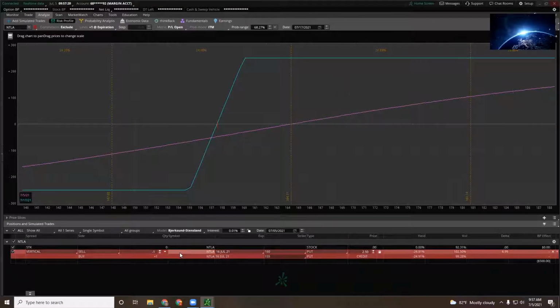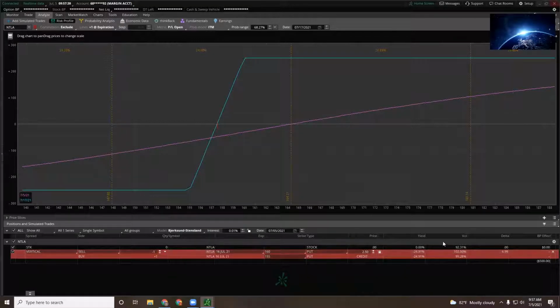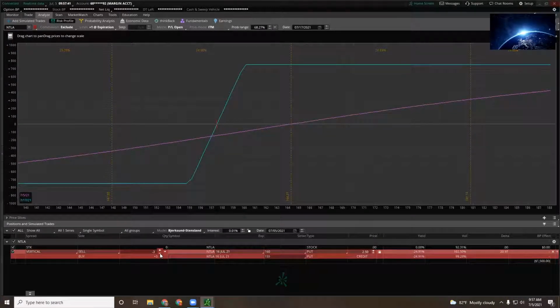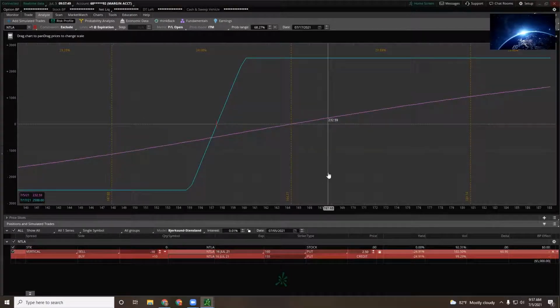So in essence, you confirm and send the trade, and you are in the trade. You place the trade as it is right now, or you decide to increase the quantity. It doesn't change the risk profile, it just changes the amount you are putting in and the amount you are going to get. If we decide to do 10 in this case, as you can see, it's a 2,500 possible gain at expiration versus a 2,500 loss.